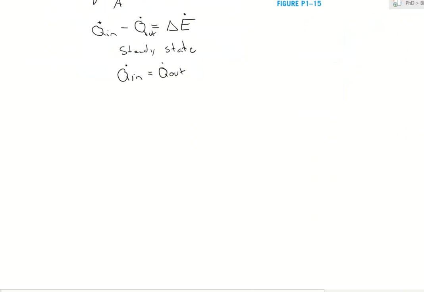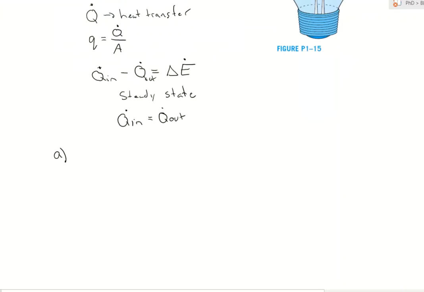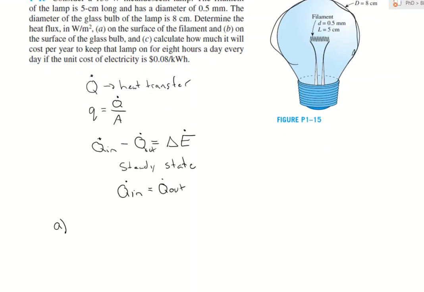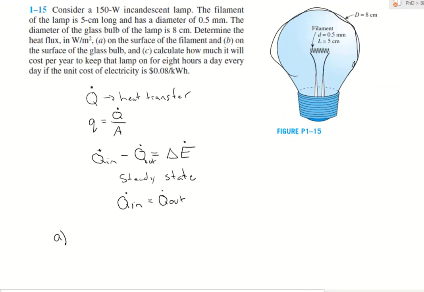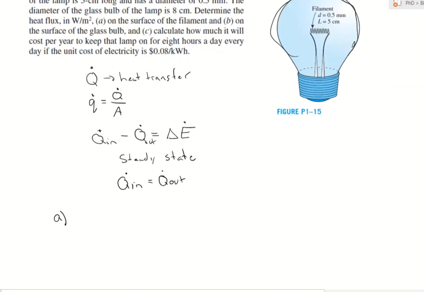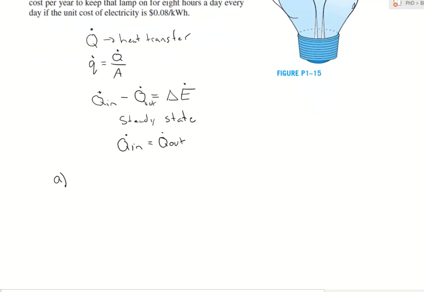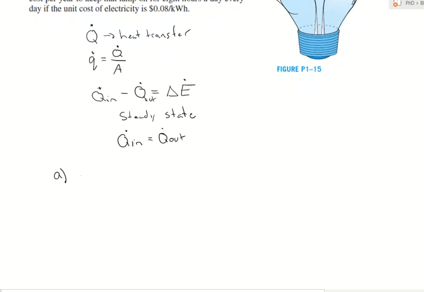So for part A, we're looking for heat flux, so that's watt per meter squared. So that's this one, and I've missed a dot there, of the filament. So we're looking for Q dot of the filament.